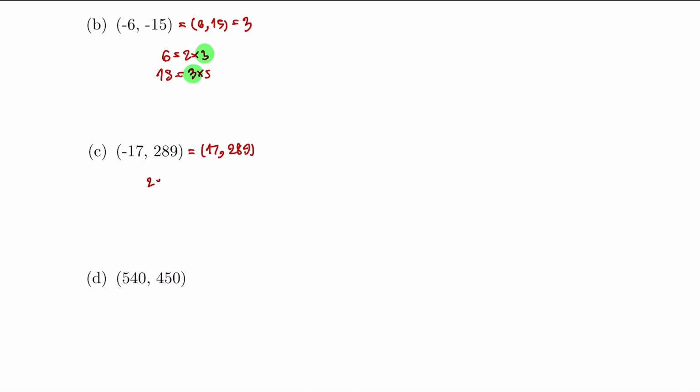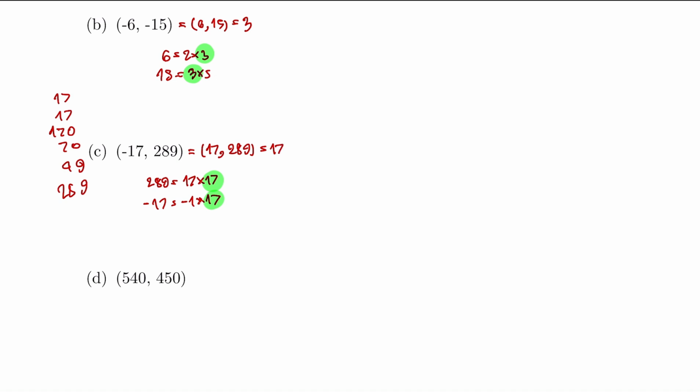And 289 actually is 17 squared. Okay, let me try to multiply 17 squared. So we're going to have 170 plus 70 plus 49. So we're going to have 289, which is 17 times 17. And minus 17 is minus 1 times 17. So the greatest common divisor is just 17.